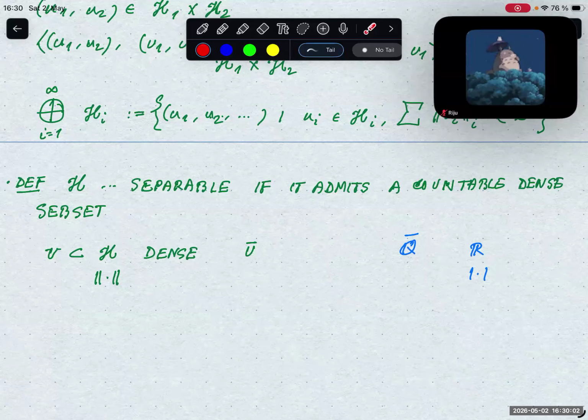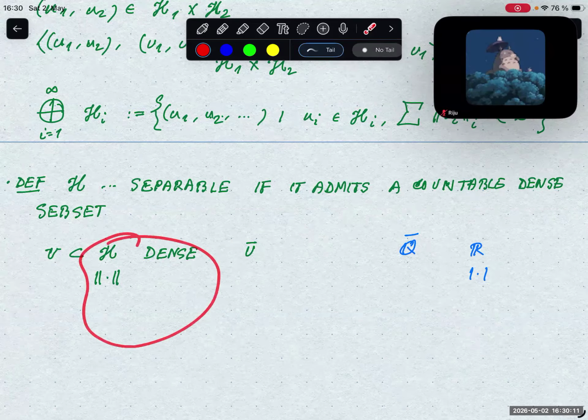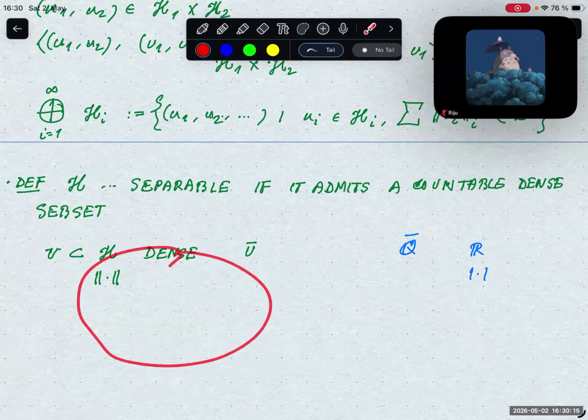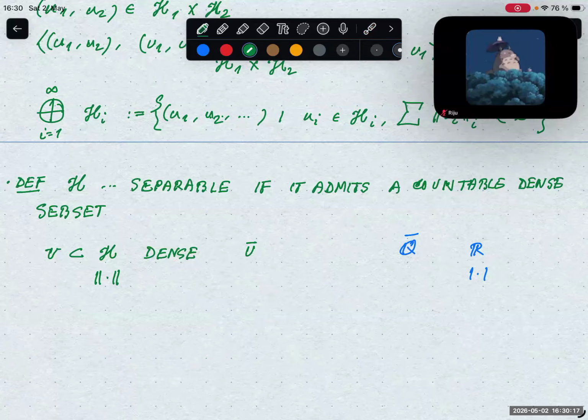If you're not familiar, maybe sequence is useful because we have talked about, for instance, Cauchy sequences. So just think this way. This is a big thing, and you take something from here. Maybe I draw.